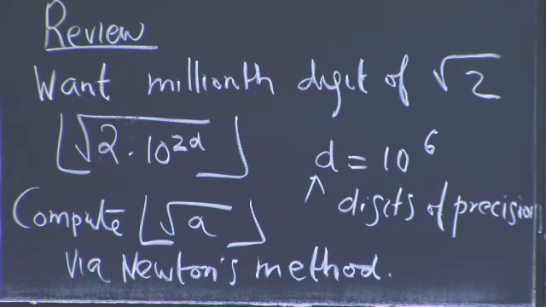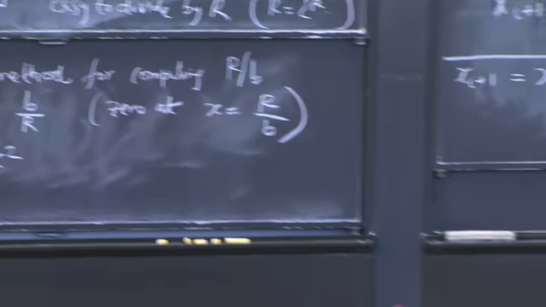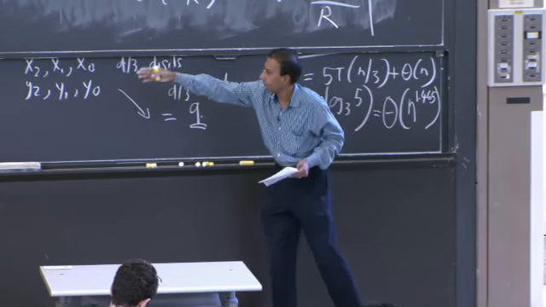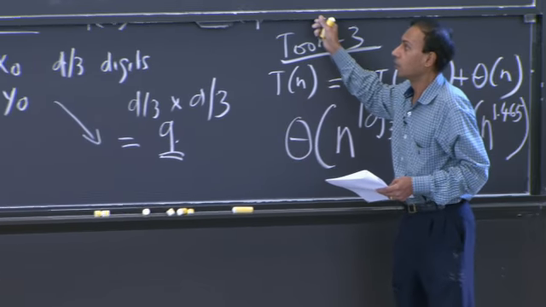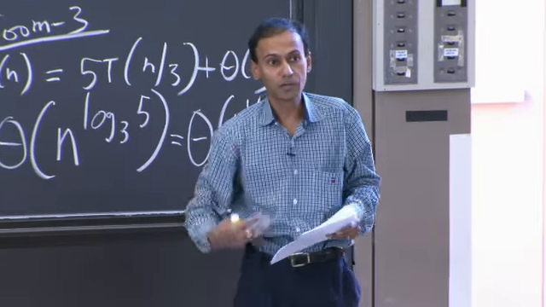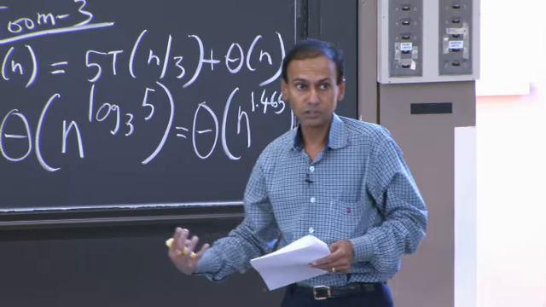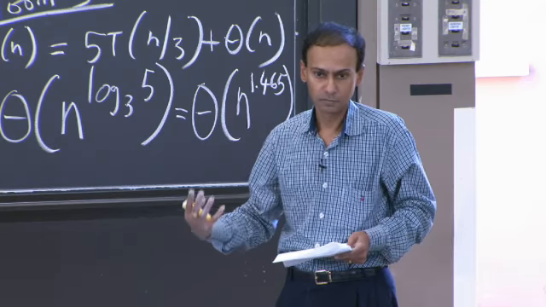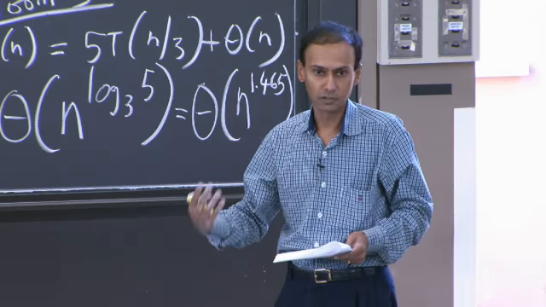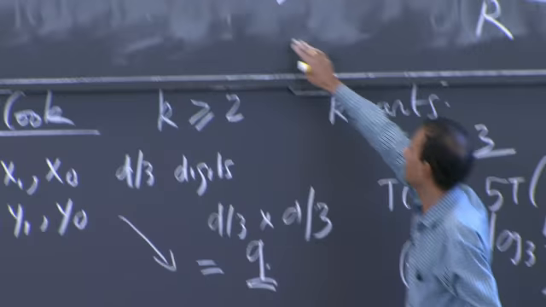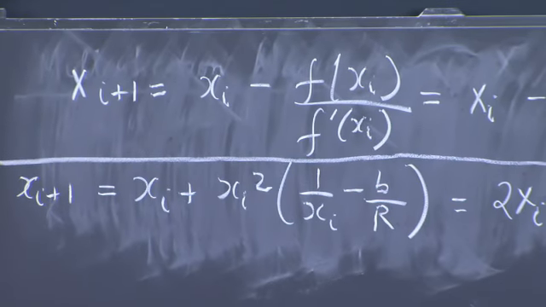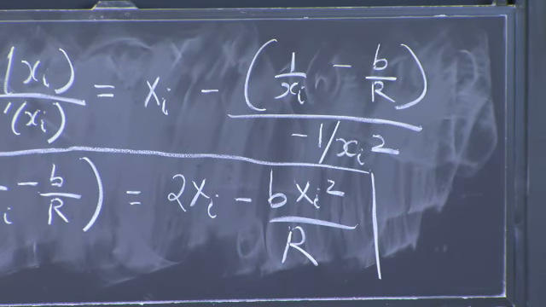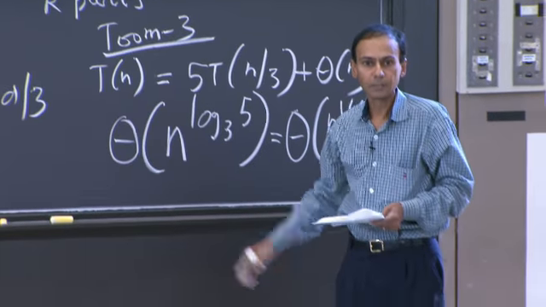We had to compute 1 over xi, and in order to compute 1 over xi, we're going to apply Newton's method again, like I showed over here and over there, and so that division is going to require iteration, but the iteration at the second level is one of multiplication. Okay, you're going to repeatedly apply multiplication because you're going to go xi plus 1 based on xi using multiplication and some easy operations, and then you'd go xi plus 2, xi plus 3, and so on and so forth. All right? That makes sense?